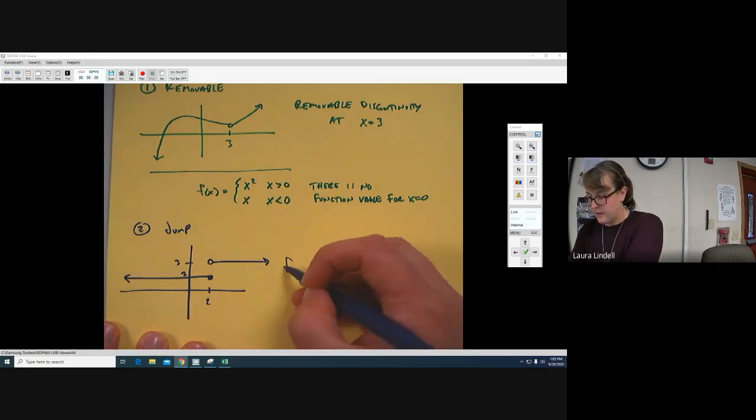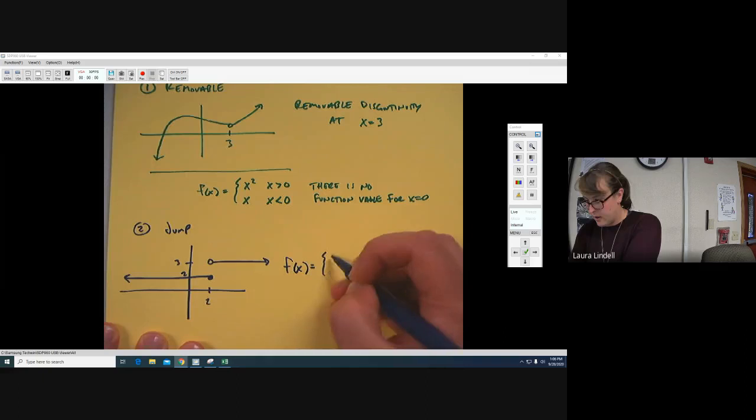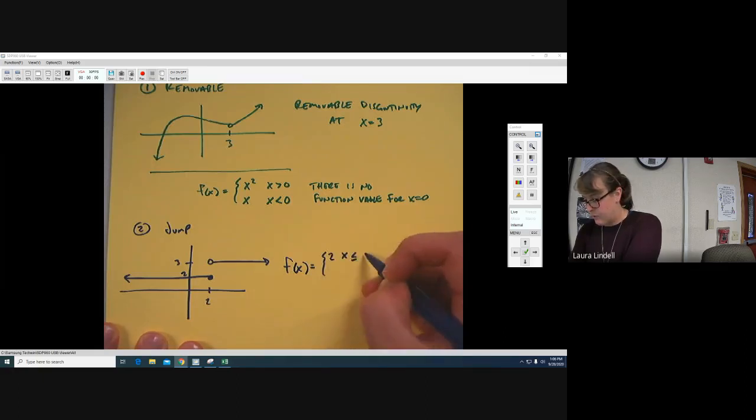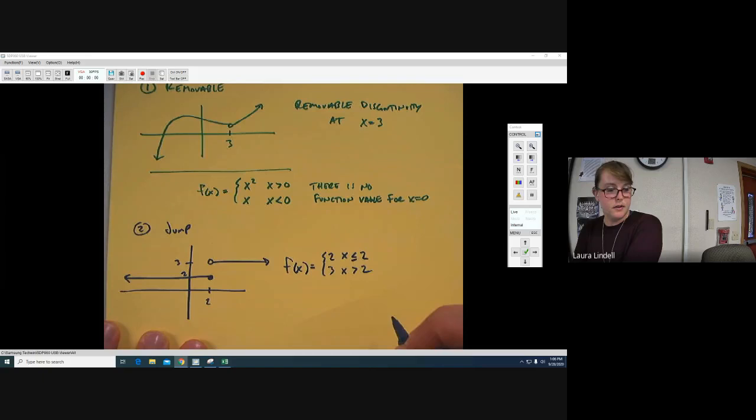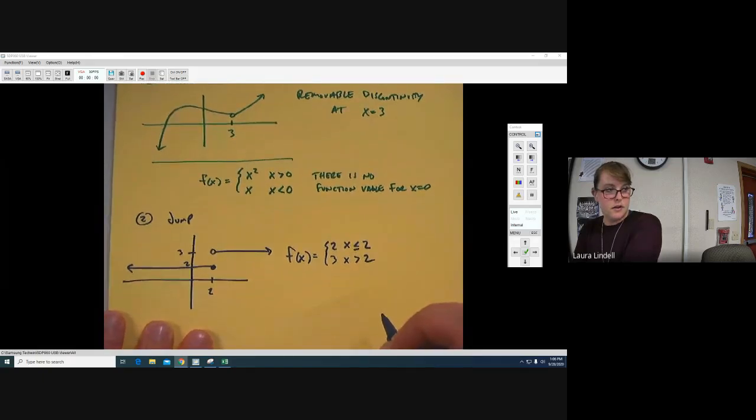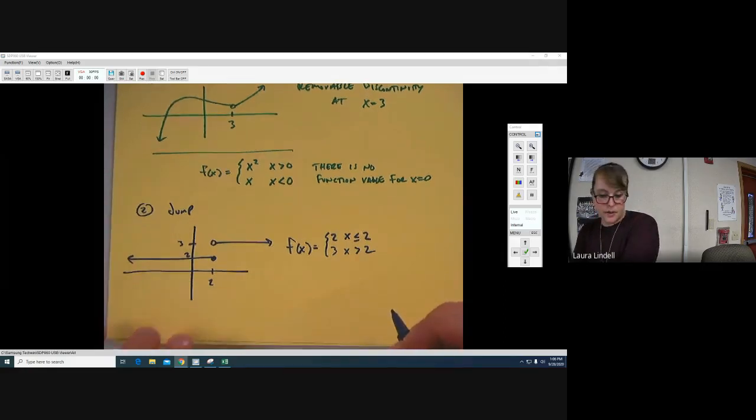And we might see this in the form of a function f of x equals 2 if x is less than or equal to 2, and 3 if x is greater than 2. So that would be considered a jump discontinuity there.